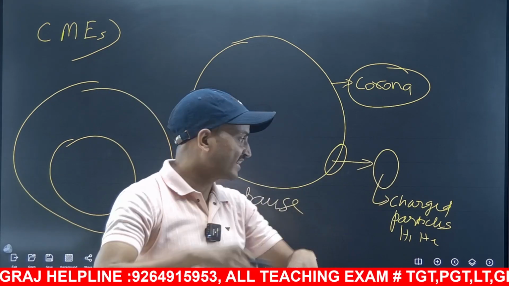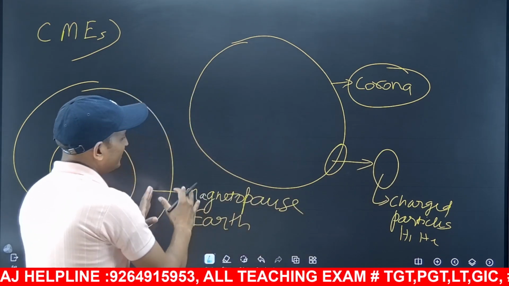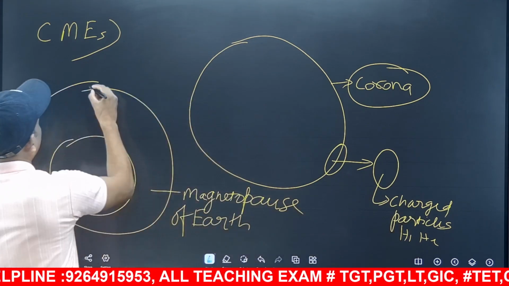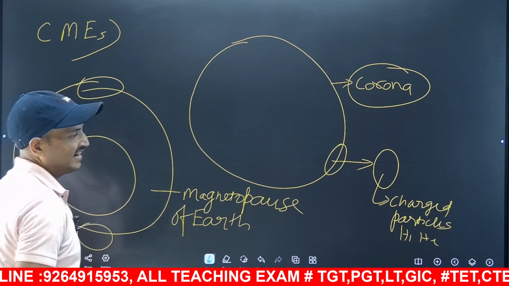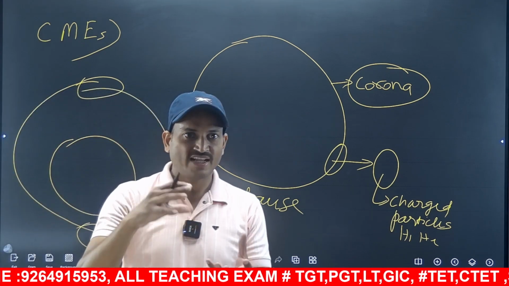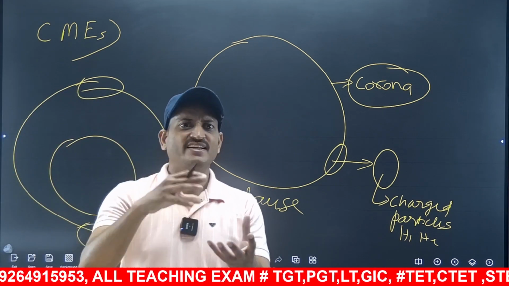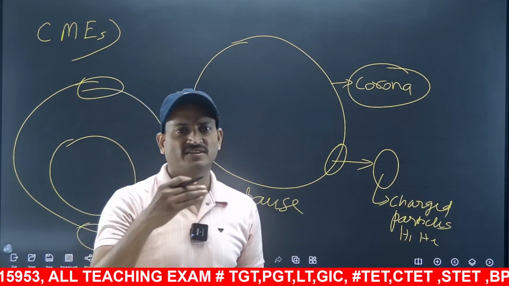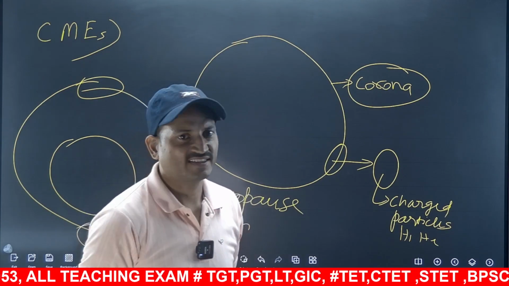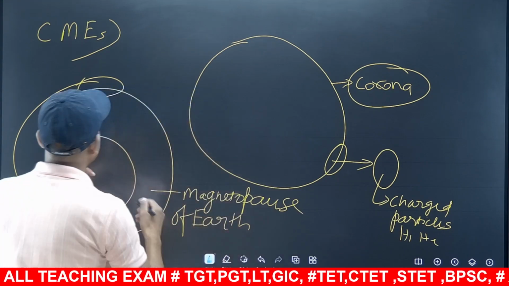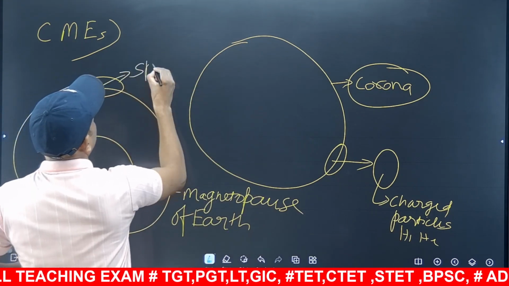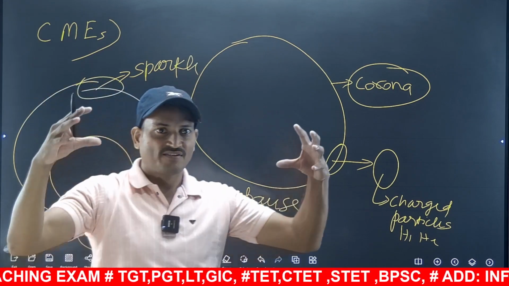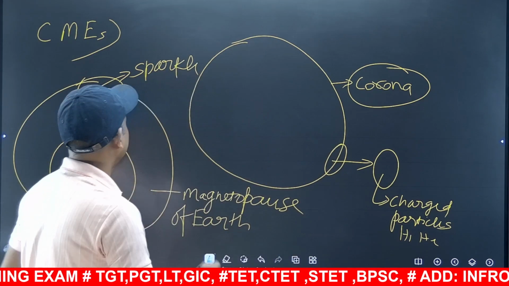That's why they get a chance to enter the atmosphere of the Earth at the polar regions. And then they come into contact with the matter in the atmospheric layers of the Earth, atoms of various gases, for example oxygen and nitrogen, and then they sparkle and create a kind of sparkling light, and that light is known as aurora.